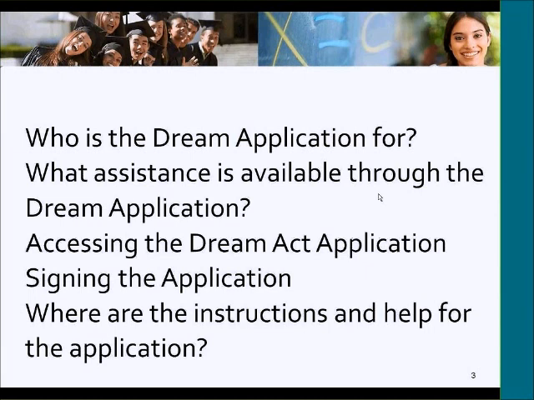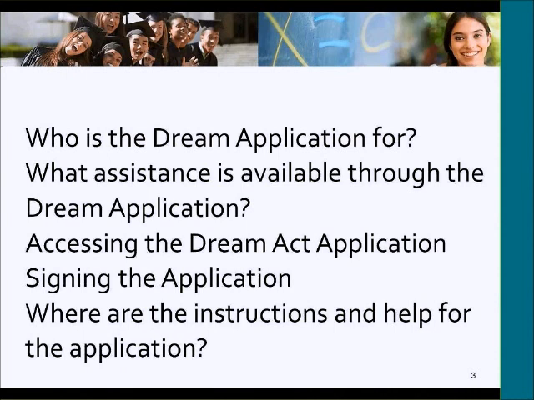Some of these questions you might say, well, we know, don't we? But who is this application for, and what assistance is available? How do you access the application? And then I'll go through the application itself. This is not going to be one of those tedious line by line walkthroughs.